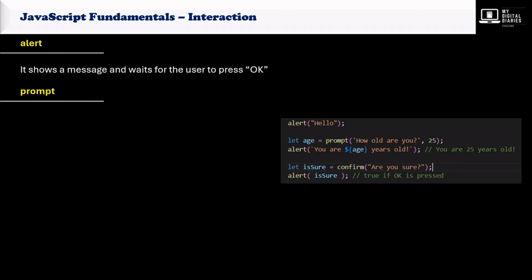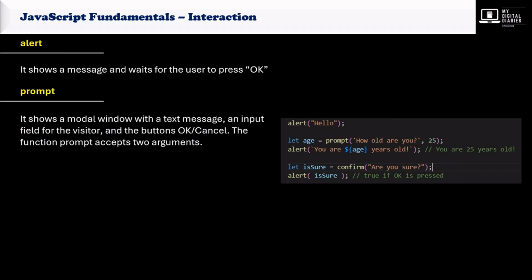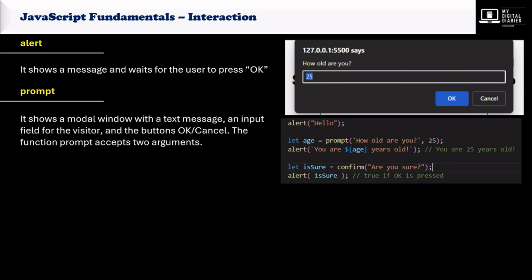The next one is prompt. This one asks the user for a single piece of text. It opens a modal with a message and an input field, and then you have two buttons, OK and Cancel. It returns a string with whatever the user has typed, or null if they press Cancel.